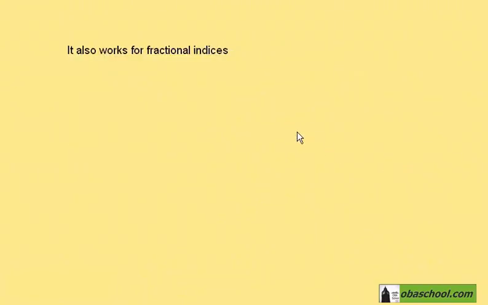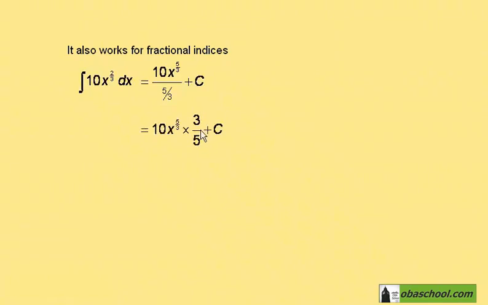It also works for fractional indices. The integral of 10x to the power 2/3, increasing 2/3 by 1 gives us 5/3. So we get 10x to the 5/3 divided by the new power. If we divide by a fraction, we turn upside down and multiply.